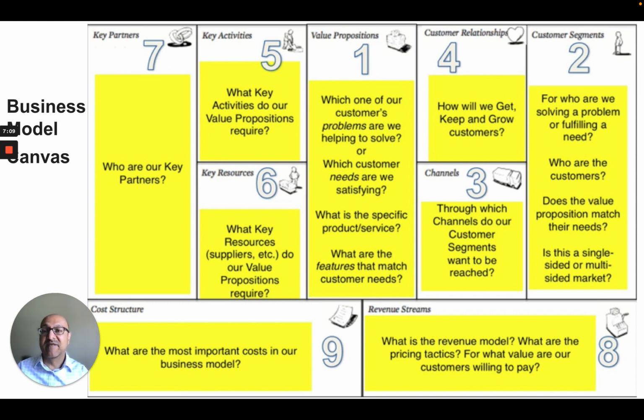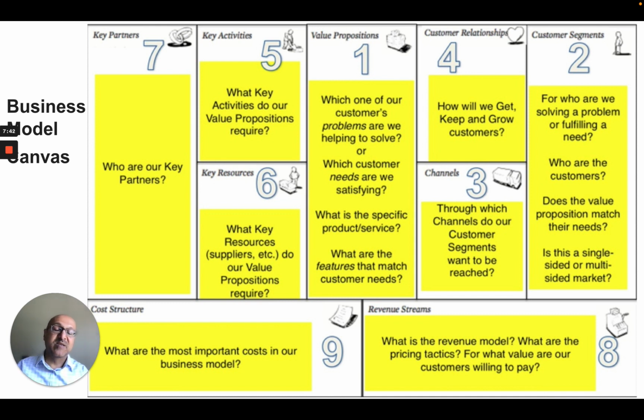And once we've identified key activities and key resources, we can then focus on number 7, which are who are the key partners that can provide us the key resources for the key activities that we need and have. If we identify the key partners, it makes our job easier to continue to grow and scale and access the customer segments through the channels that they want and maintain the customer relationships for long term.